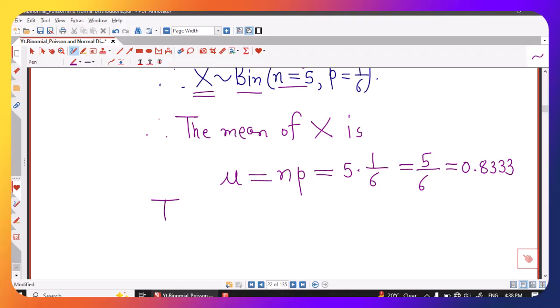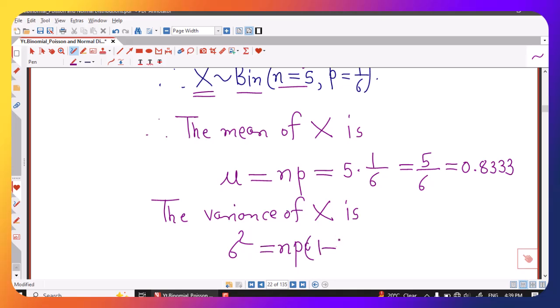Similarly, we are familiar with the variance of binomial distribution. So the variance of a binomial random variable is sigma square equal to n into p into 1 minus p, the probability of success. n means 5, p means probability of success is 1 by 6, and 1 minus 1 by 6.